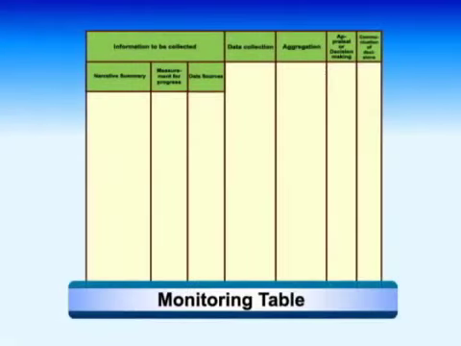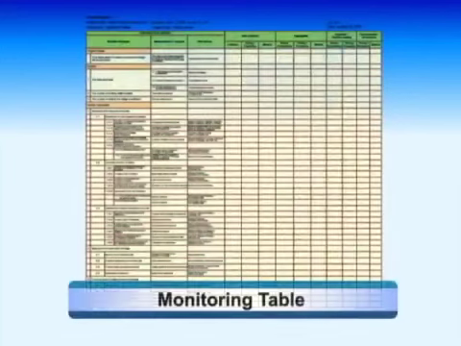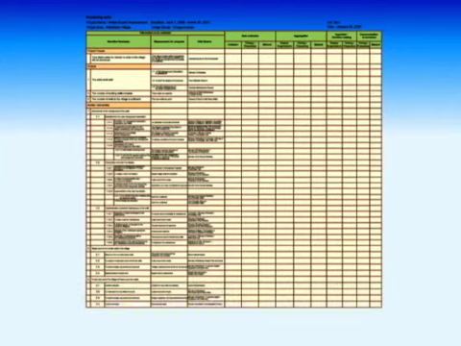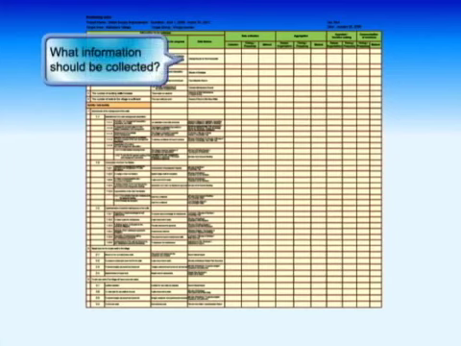A monitoring table should be formed to carry out the monitoring properly. A monitoring table is a table to make sure monitoring is carried out in an organized manner all through a series of the monitoring steps, which are: 1.